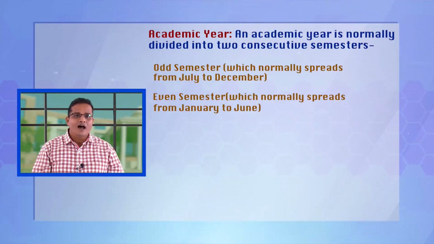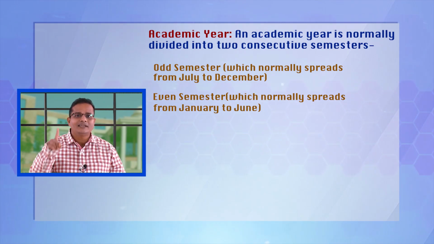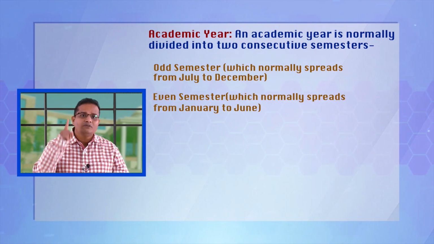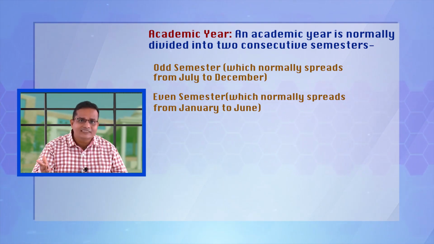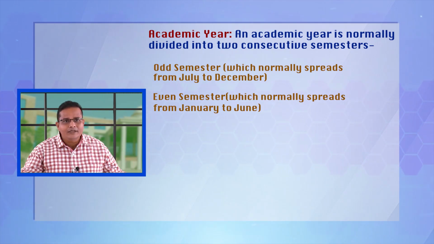You know that CBCS follows semester system. In CBCS model of evaluation, an academic year is normally divided into 2 consecutive semesters. One is odd semester, which normally spreads from July to December, and another one is even semester, which normally spreads from January to June.